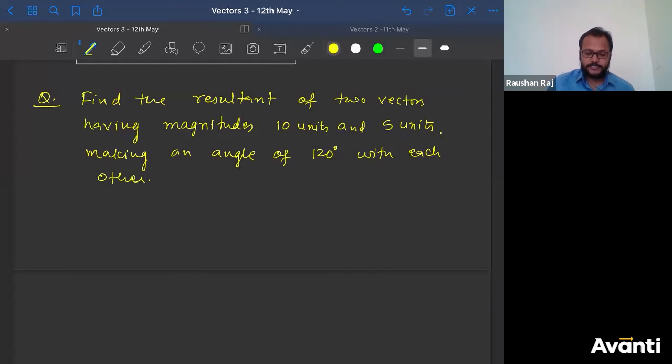So there are two vectors. Their magnitudes are given to us as 10 units and 5 units. They are making an angle of 120 degree with each other. You have to find the resultant of the two vectors.